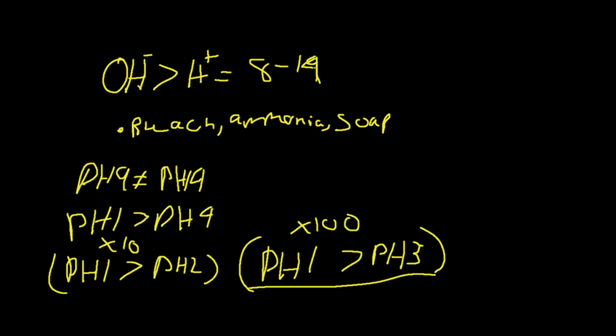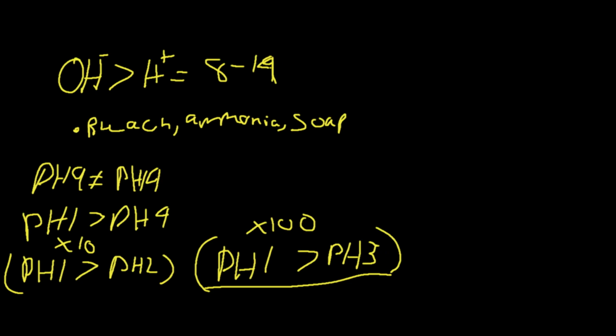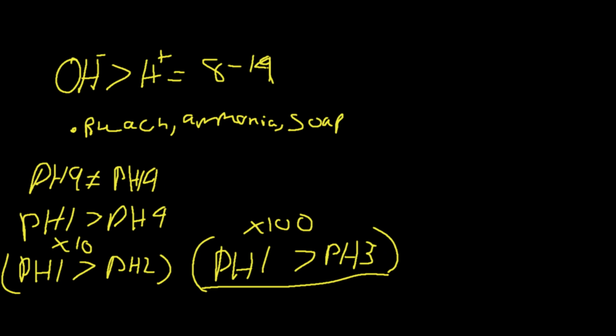And then the next one's going to be 1,000 times stronger. So something of pH 4 would be 1,000 times less strong than pH 1. So pH 4 multiplied by 1,000 equals pH 1's acidity. And that's basically what the pH is telling us, that it moves in steps, and every step is a power of 10.